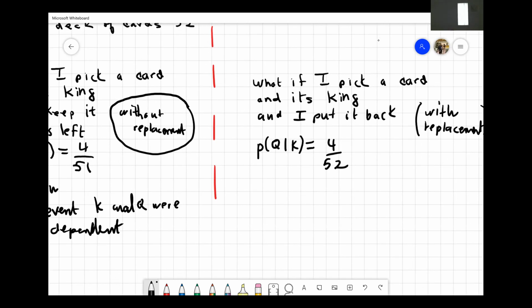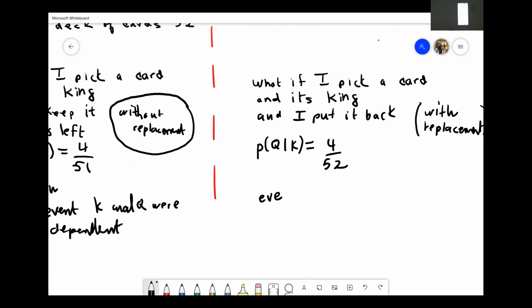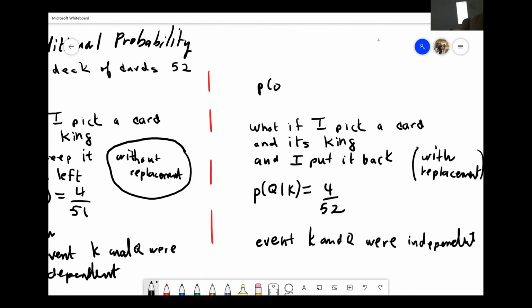In this case, events king and queen were independent. Why? Because the probability didn't change because the other event happened. Is that pretty clear?